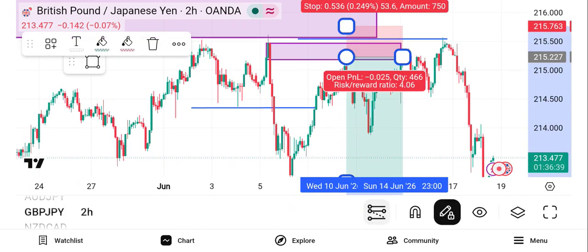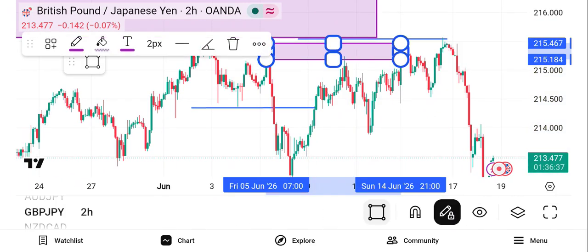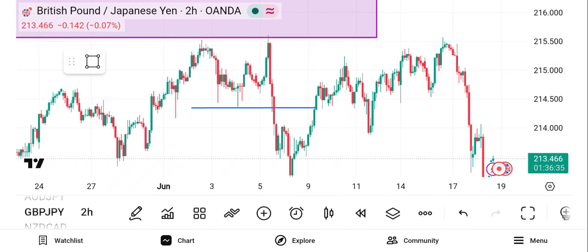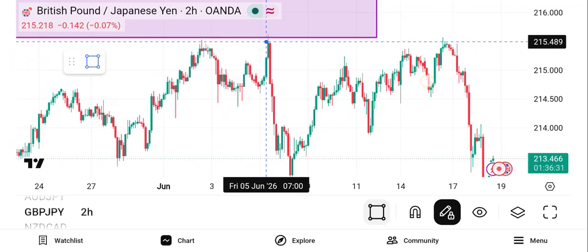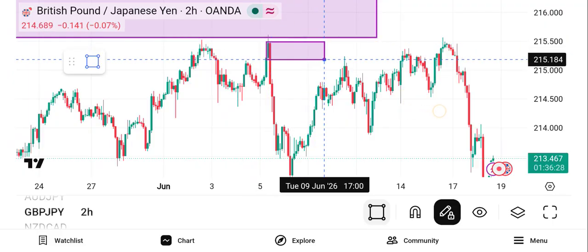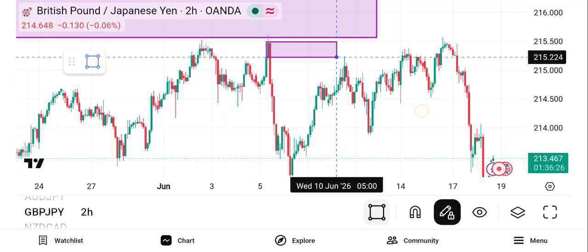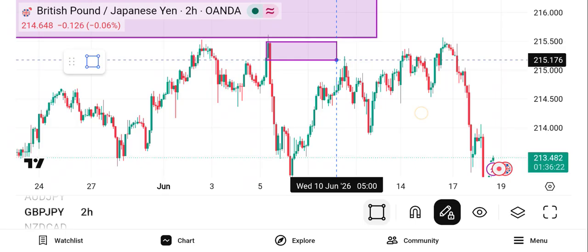So let me delete this first. So this is my order block here. I have to mark the body of the order block. All right, this is how to mark your order block. When you have a short bullish candle and a short body, you mark all the body.